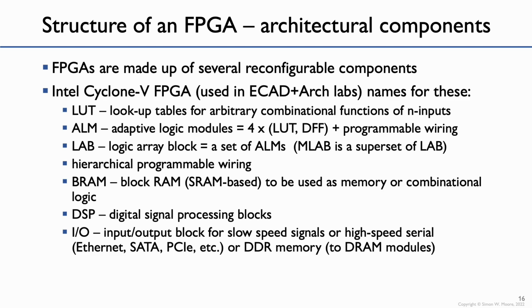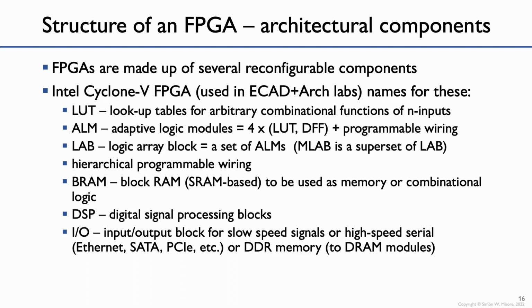Now let's talk about the structure of an FPGA, a field programmable gate array, which is the device that you're going to use to implement your designs in the ECAD labs. So the ECAD labs have the Intel Cyclone 5 FPGA, and inside these FPGAs you've got a number of different reconfigurable blocks.